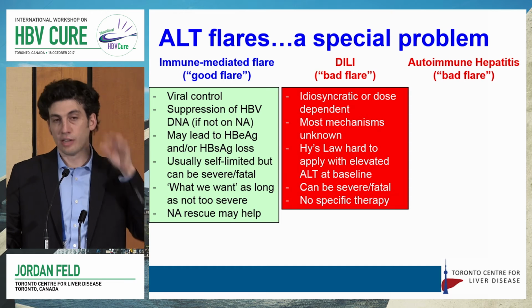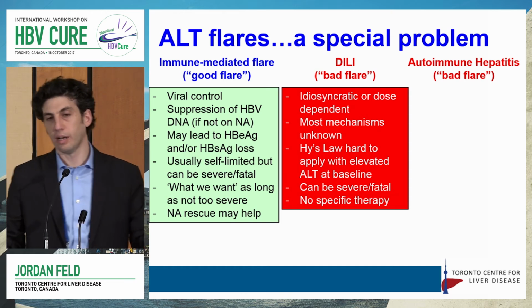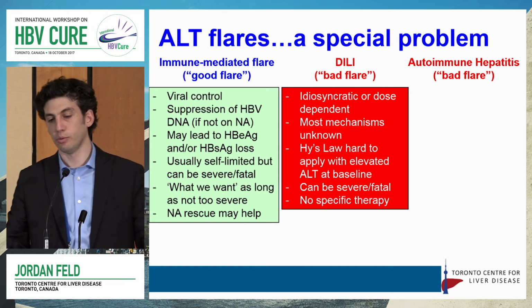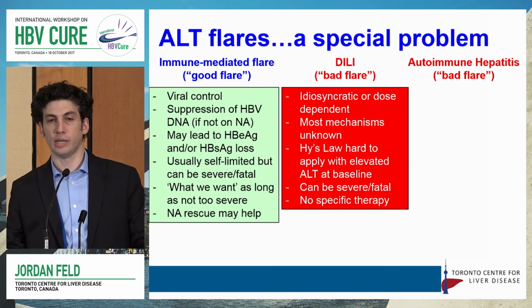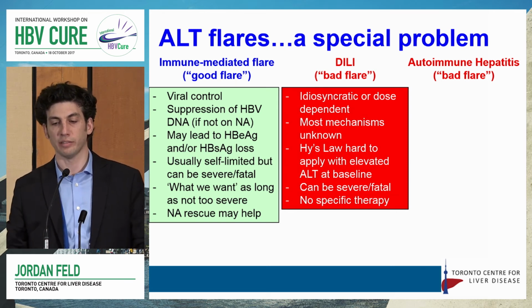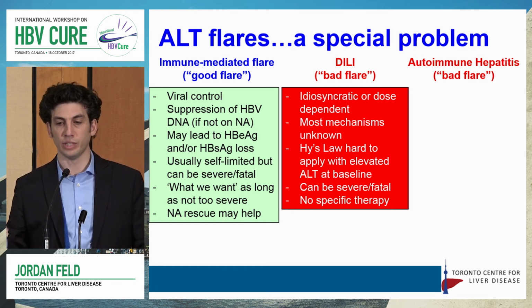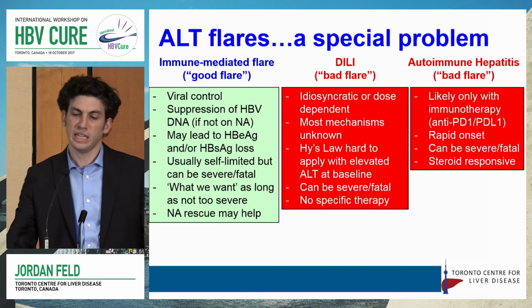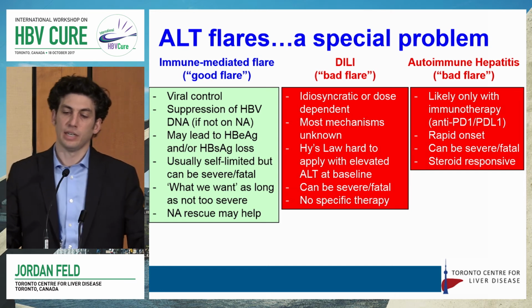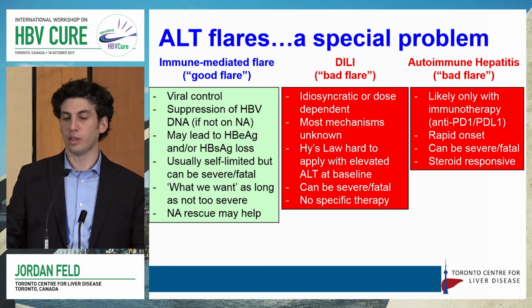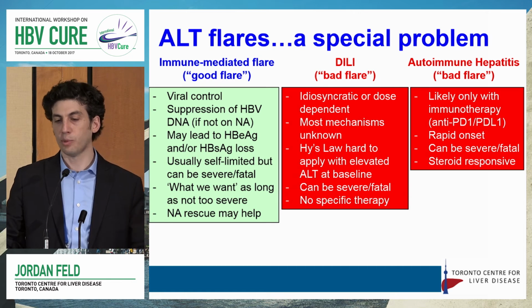Hy's law, the standard rule for assessing liver injury when you look at new drugs, is really difficult to apply when you start out with an elevated ALT, which is often the case in patients with active hepatitis B. And these can be very severe or even fatal, and for most things we don't really have specific therapy, so it's really a challenge. And then finally, the autoimmune hepatitis-type scenario is probably only seen with the immunotherapies like the checkpoint inhibitors.